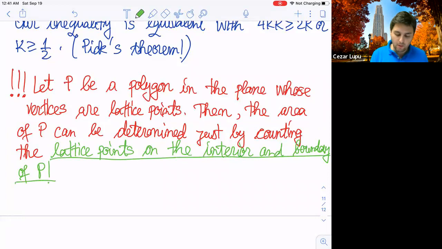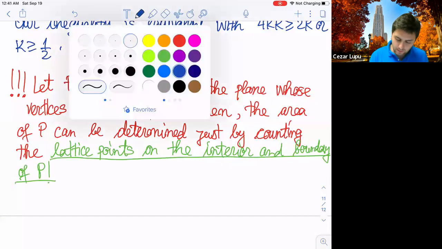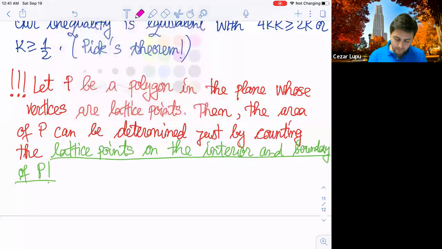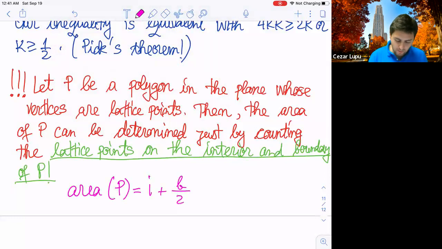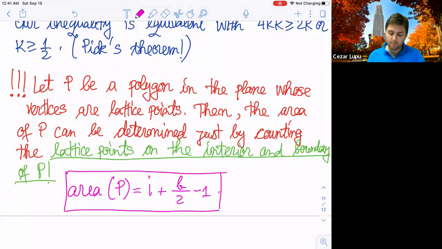And in fact, we have the formula: the area of P is given by I plus B over 2 minus 1. And let me explain what each one of them is. So this is the formula for a polygon, and in particular, you can compute it for a lattice triangle.